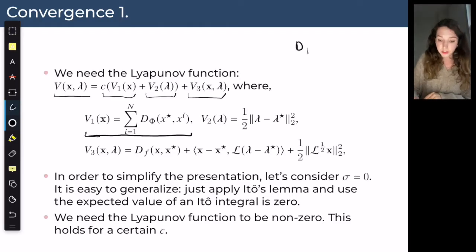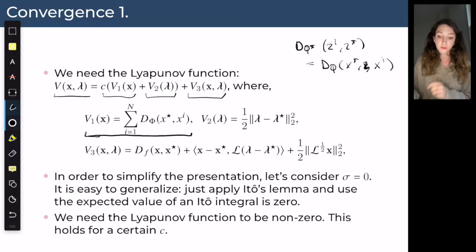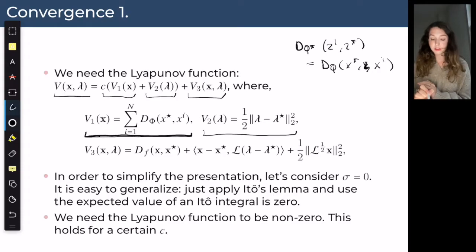Before I actually had it written in terms of phi star and zi, z star, but this is the same as just D phi of x star, xi by properties of the Bregman divergence in the mirror map. So that is our first term. We have seen this before. Then we have a second term which measures the distance between lambda and lambda star.